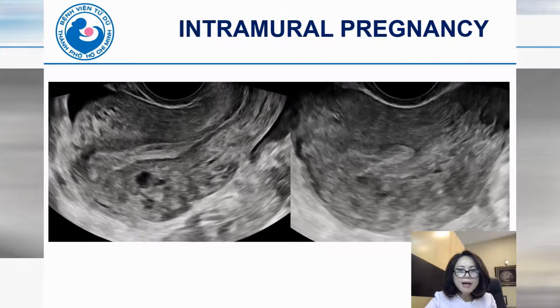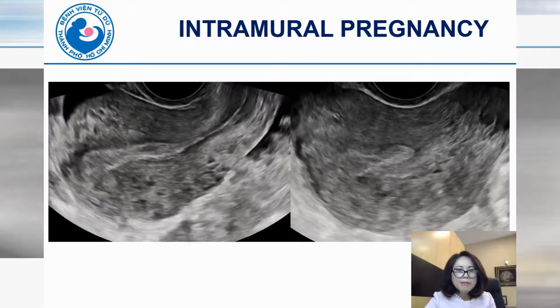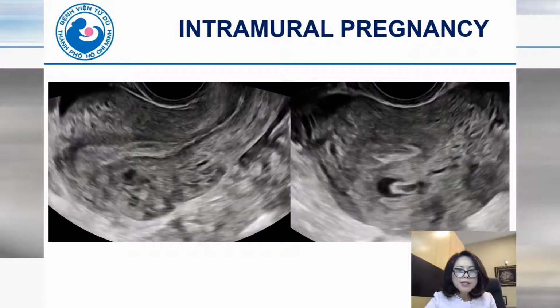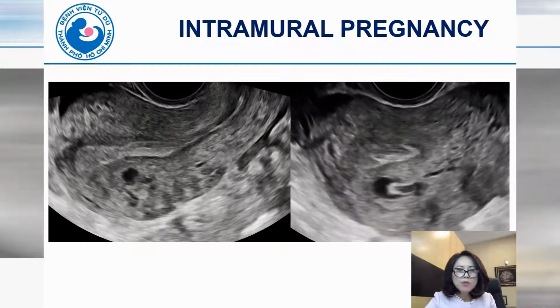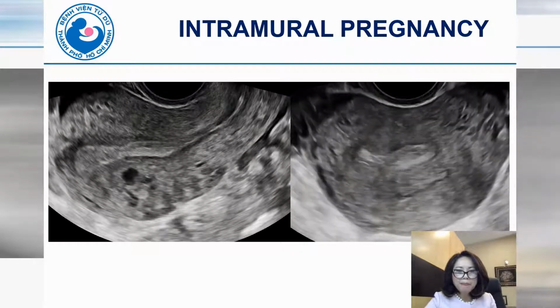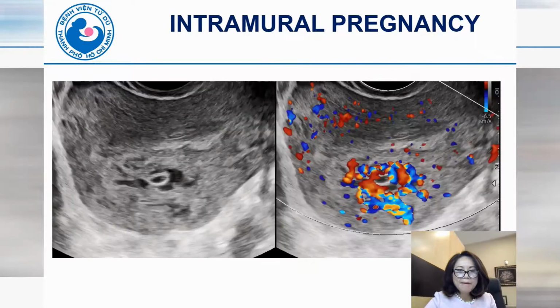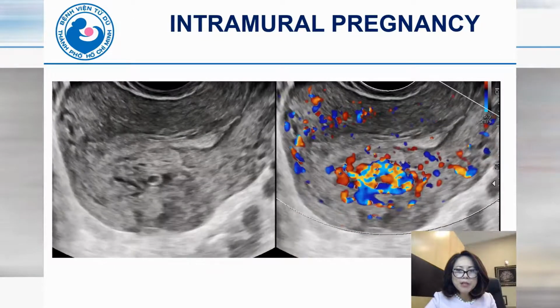This is a case of intramural pregnancy, sagittal plane and axial plane. We can see the GS with the yolk sac inside, implanted in the posterior wall of the uterus. And on color Doppler, we can see prominent peritrophoblastic blood flow.